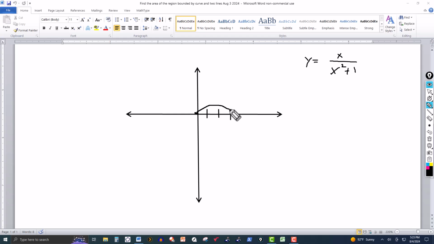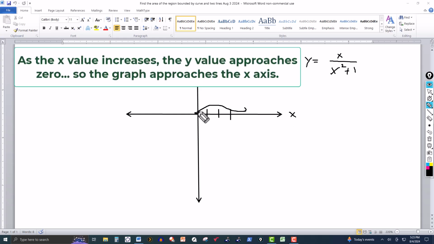It's going to come back something like this, so the x-axis is going to be a horizontal asymptote. Now if I pick negative values, the denominator is still going to be positive. The graph's going to come down like this on the left side, and then as the x value increases, it's going to go back up like this.